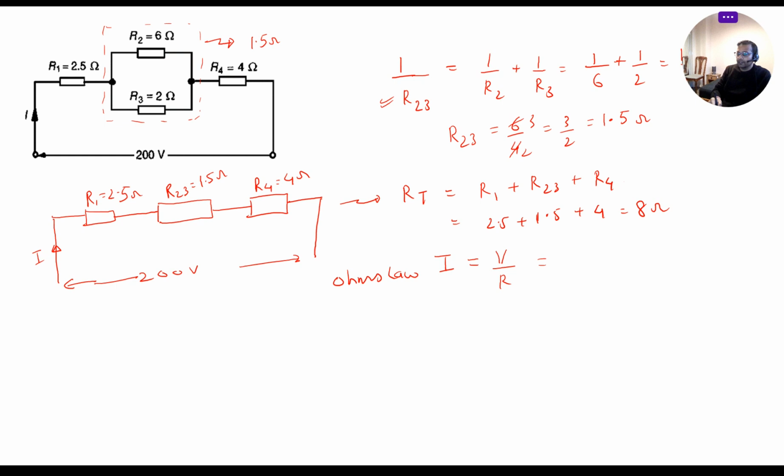Now the supply voltage is given as 200 volts. 200 divided by 8, I will use my calculator just to be quick. That's 25 amperes. So the current flowing is 25 amperes.